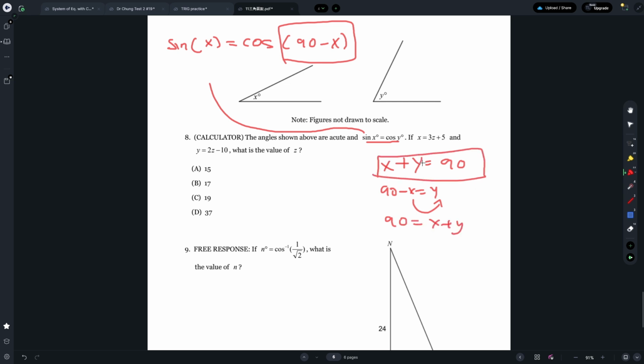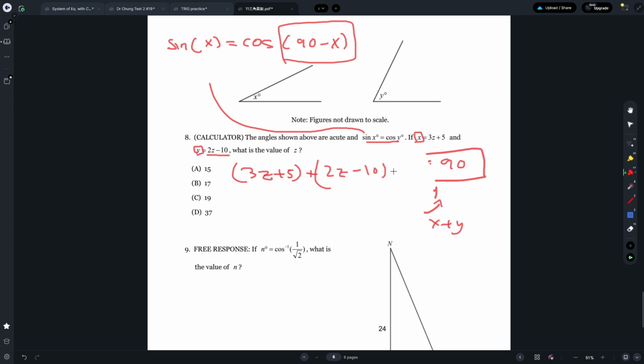And so since we know x plus y equals 90, we could just add x and y in terms of z. So we could do 3z plus 5 plus 2z minus 10.